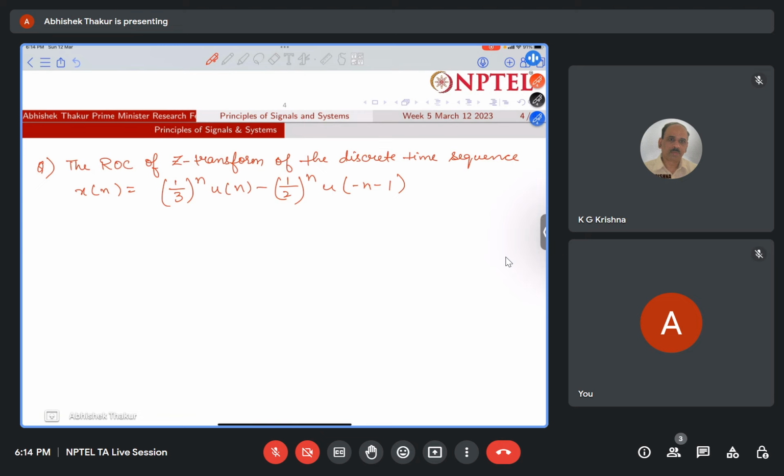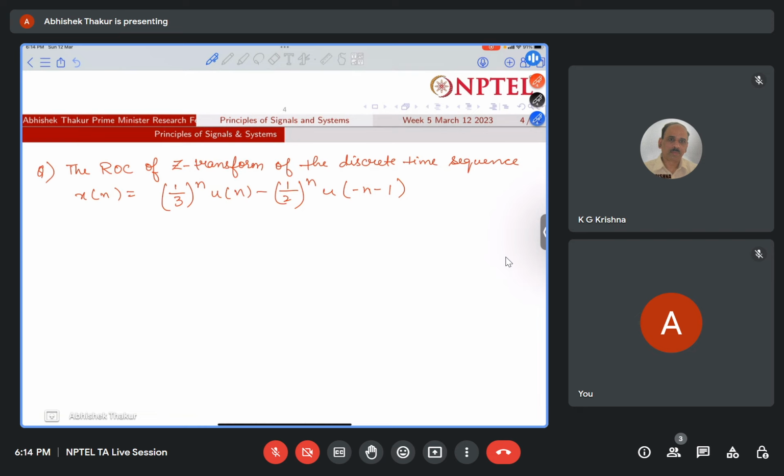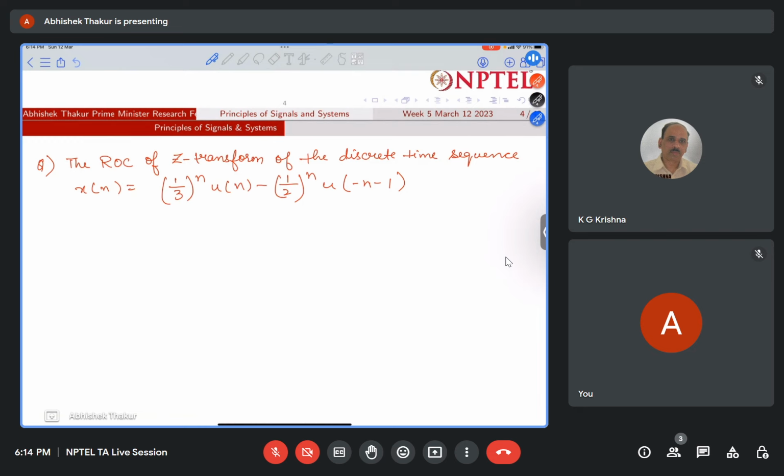In this question, we have to find the ROC of the Z transform of this. There are four options. Option A is the magnitude of z is in between 1 by 3 and 1 by 2.